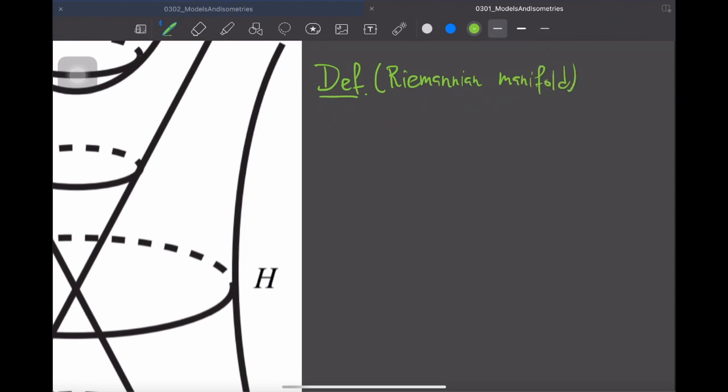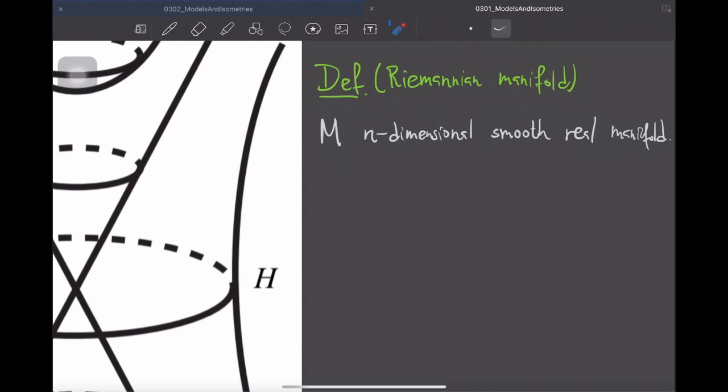Yeah, so for that I need, let's say, an n-dimensional smooth real manifold. Right, and what do I mean by this?